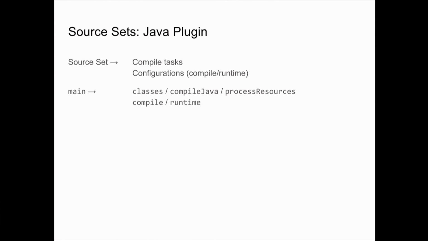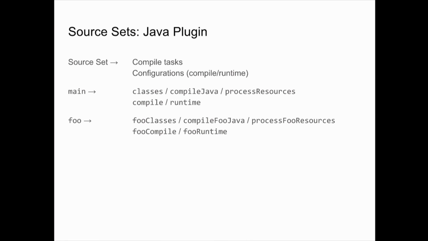Now, starting with 2.14, there's a provided configuration as well. If you decide in the Java plugin to add a new source set, let's say foo, then you will automatically get separate tasks, completely independent from the main one, to build your foo source set. You'll get foo classes, compile foo Java, etc. There's no connection between the two. There are no dependencies. It's very separate.